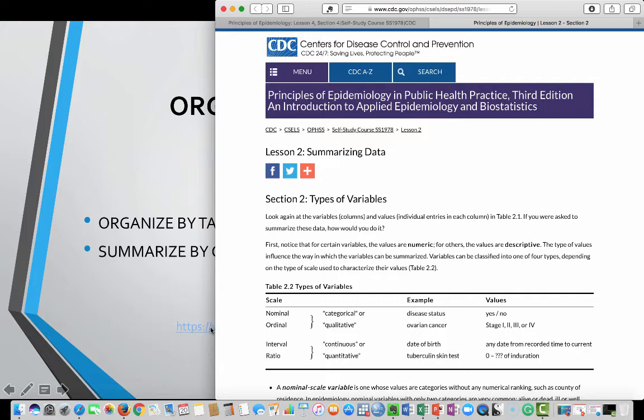So the different types of variables, as you can see, the nominal is disease status, ordinal is ovarian cancer, the stages of it. The interval is a date of birth. In other cases, temperature is another example of interval, and ratio is the results of the TB test. So there's a true zero involved with ratio.